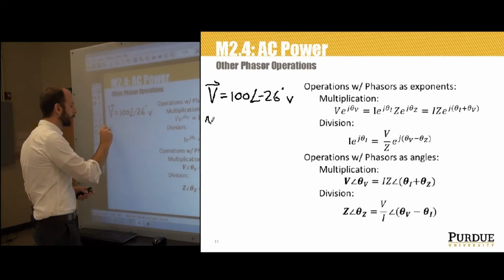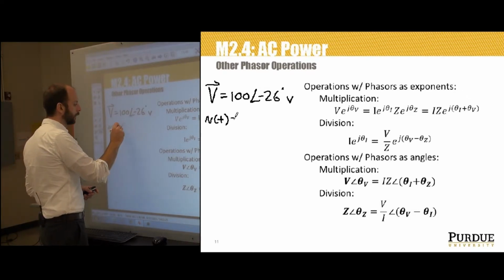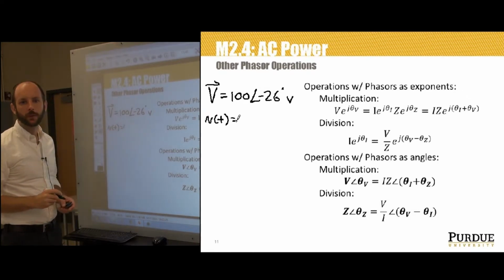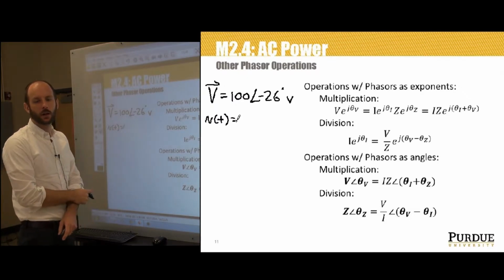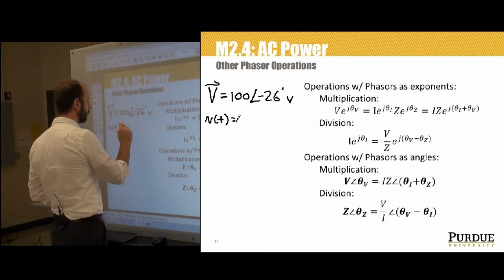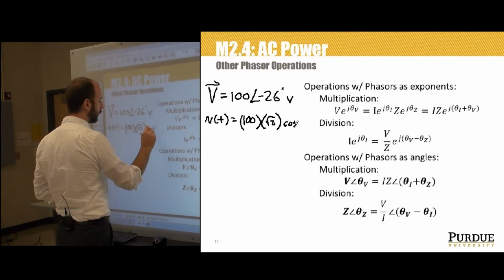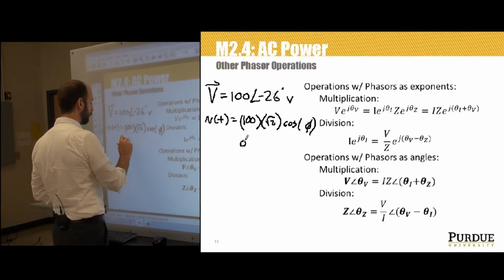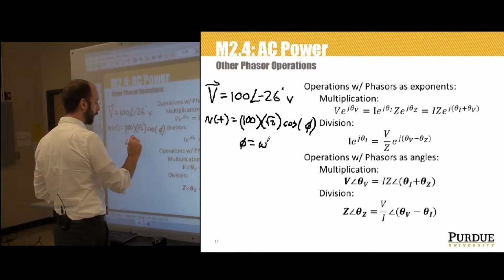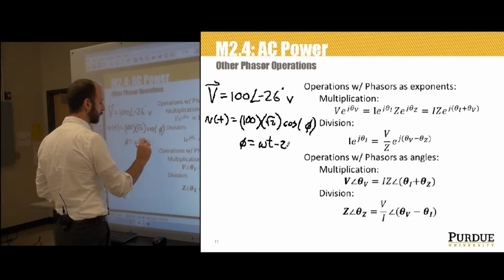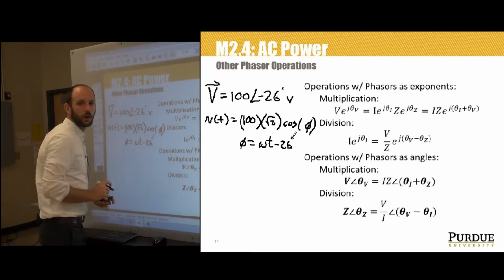We could write that as v of t is equal to 100 times the square root of 2 cosine of phi, and phi equals omega t minus 26 degrees.